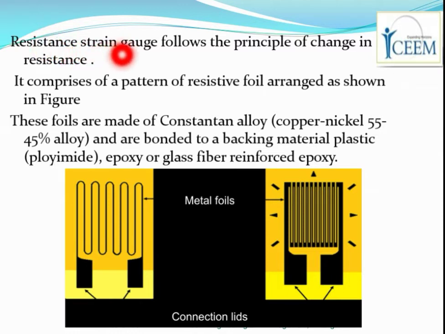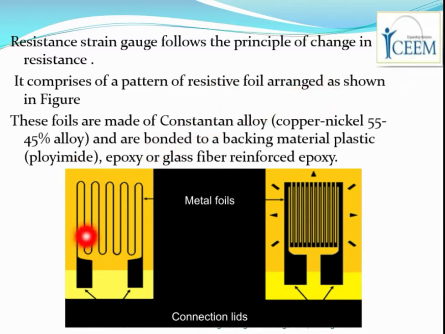The resistance strain gauge follows the principle of change in resistance, right? Since the change in length changes the resistance, we can say that the resistance strain gauge uses the principle of change in resistance. It comprises a pattern of resistive foils arranged as the figure shows.